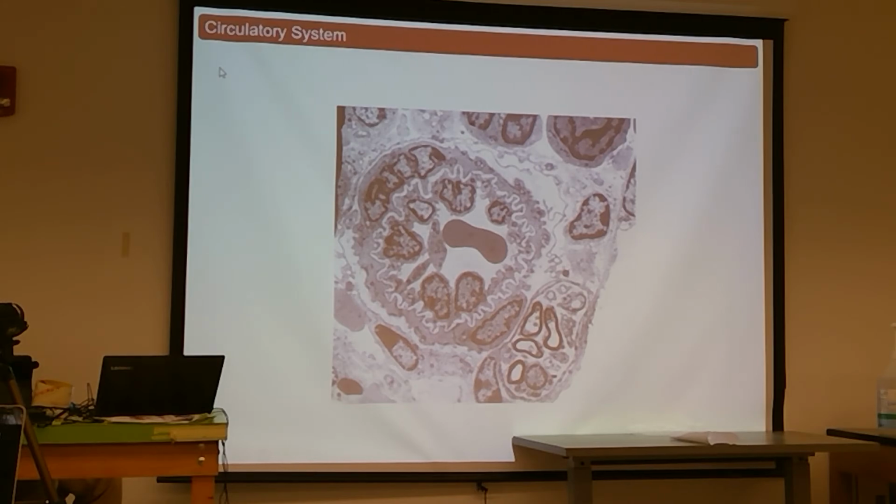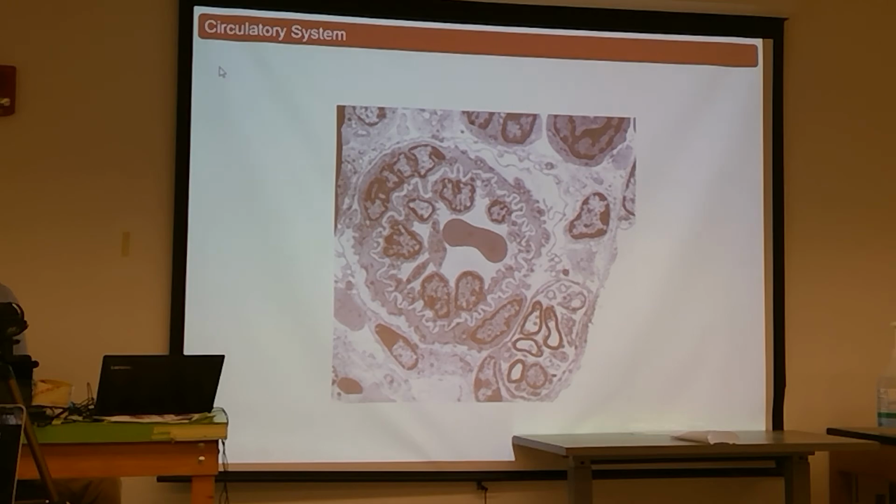We'll come back. I have a question. So you have endothelium that makes a basement membrane, and then towards the tunica adventitia, there's an internal elastic layer. What's that called again?